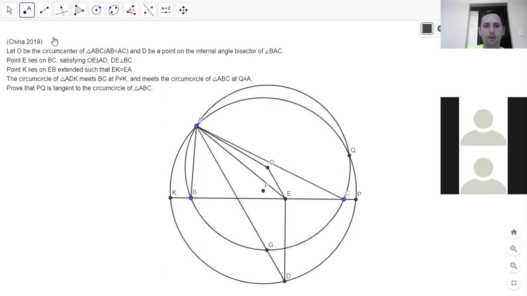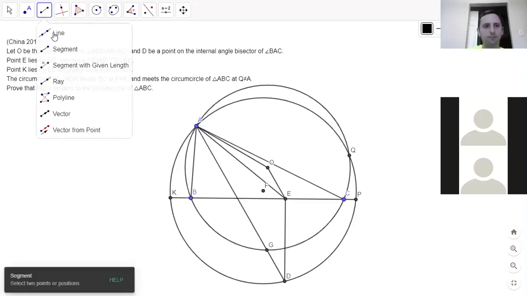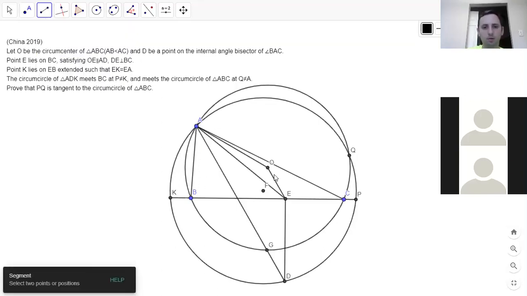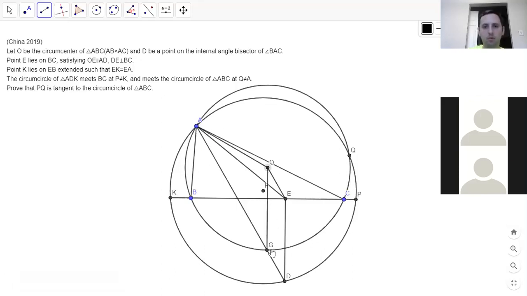So I should probably draw. So OG is parallel to ED. In fact, I think OEDG is an isosceles trapezoid. So we want to show that OQ is perpendicular to OD.